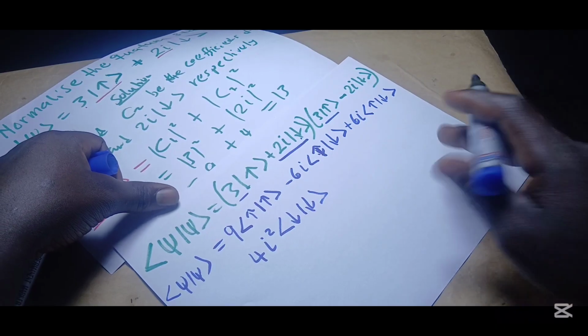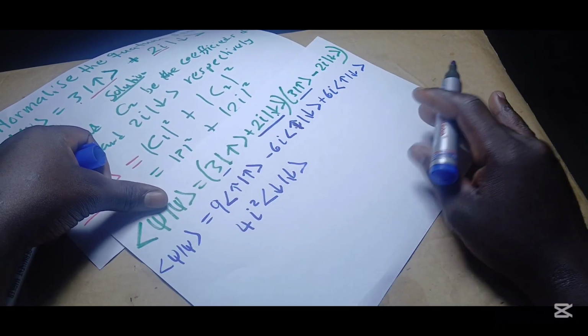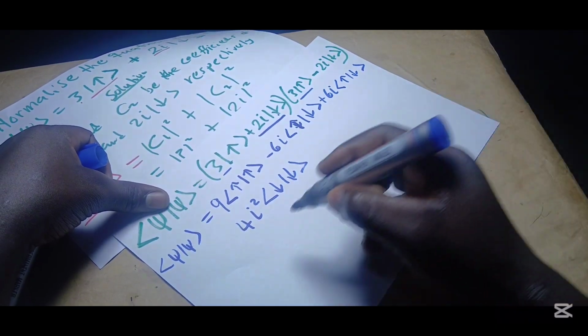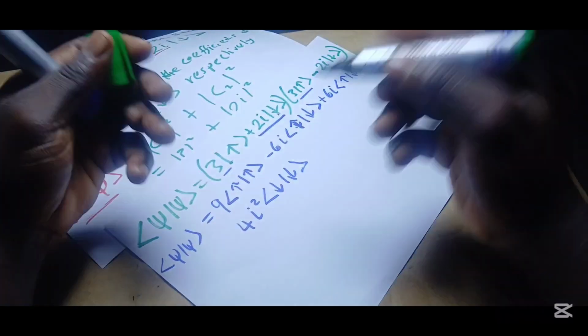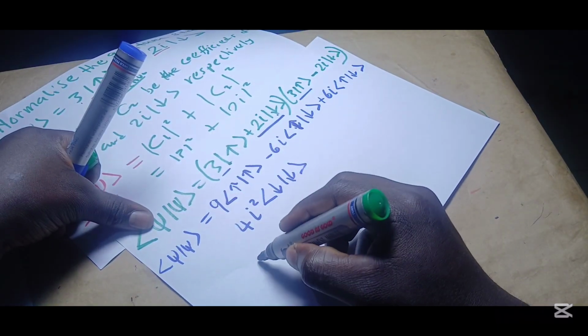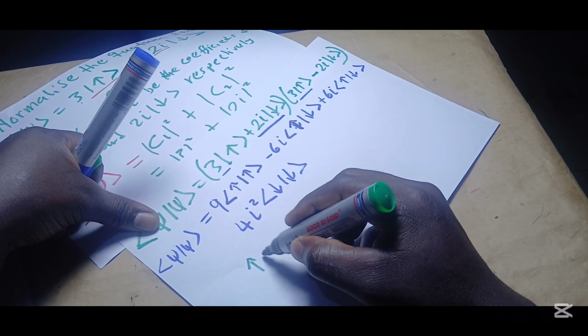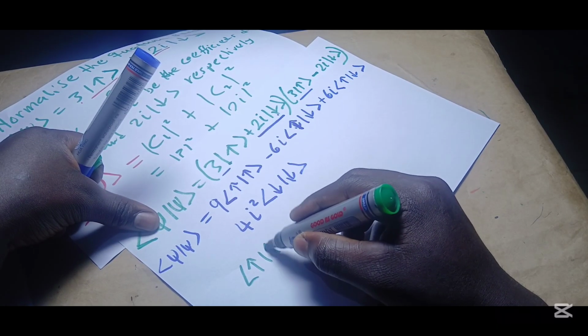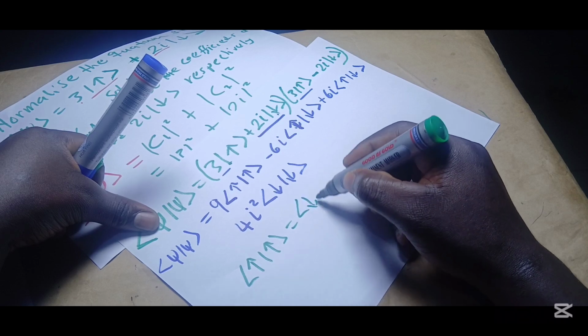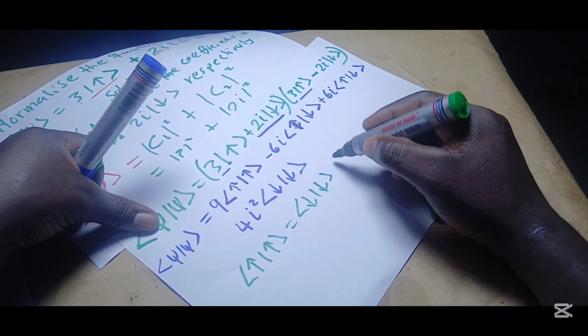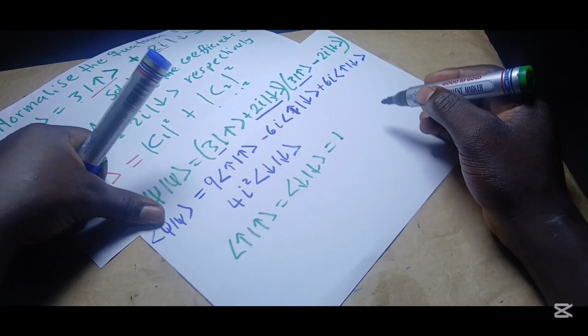So what we do next is that we are going to assume that ⟨up|up⟩ would be equal to ⟨down|down⟩, which is equal to 1.